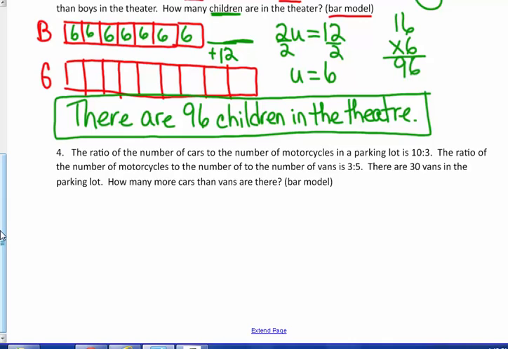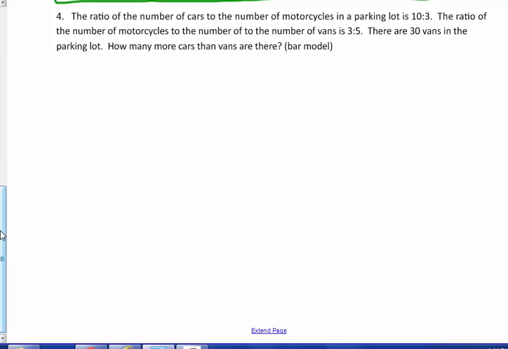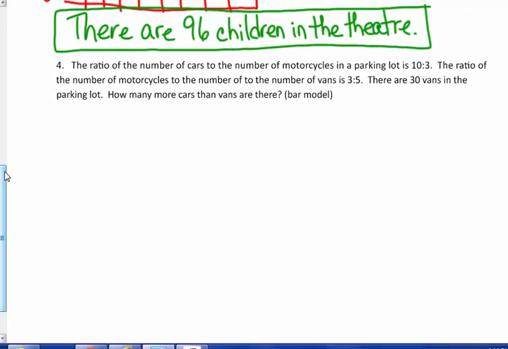Number 4, the ratio of the number of cars to the number of motorcycles in a parking lot is 10 to 3. The ratio of the number of motorcycles to the number of vans is 3 to 5. There are 30 vans in the parking lot. How many more cars than vans are there? Again, it hints to me to make a bar model.